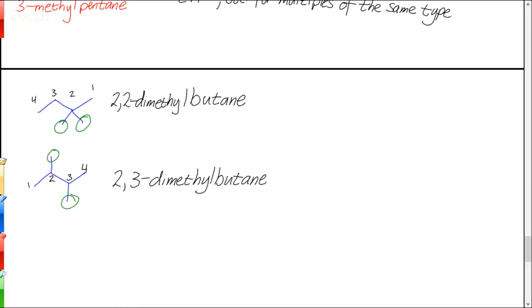Whatever we name this stuff, it's going to be 2, 2, 3, 4. That's lower numbers than if we started over here, it would be 3, 4, 5, 5. So we want to go that way. And these are all 1 carbon methyl substituents, right? So then this one's going to be 2, 2, 3, 4, tetramethylhexane.